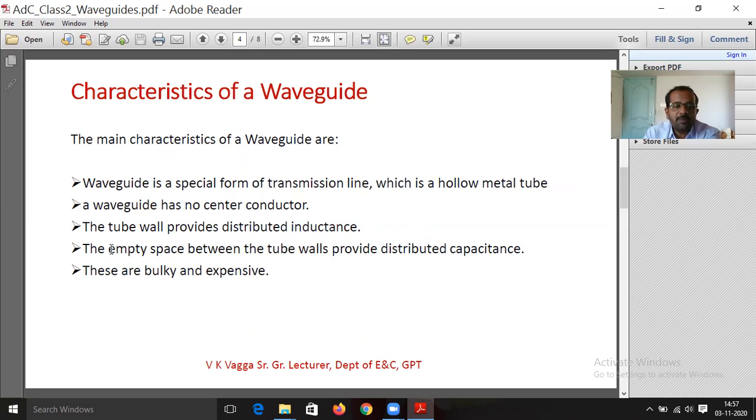And the empty space between the inner walls of the tube acts as the capacitance, and it is also distributed along the length of the tube. It is bulky, meaning it has more weight, and it is expensive, meaning it is of high cost. All these are the important characteristics of the waveguide.